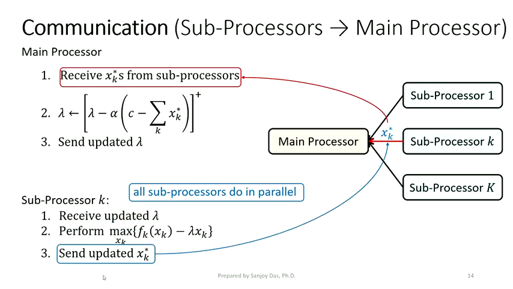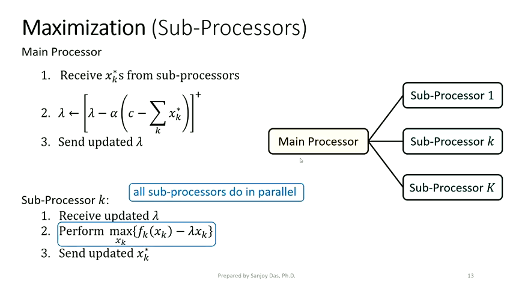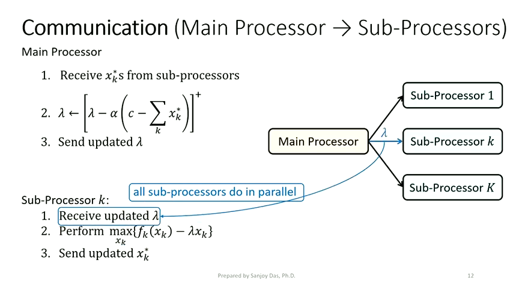And then this cycle starts all over again. They send the new xk stars back to the main processor, and the whole process starts all over again. Okay, any questions with this? It's a very simple idea, right?